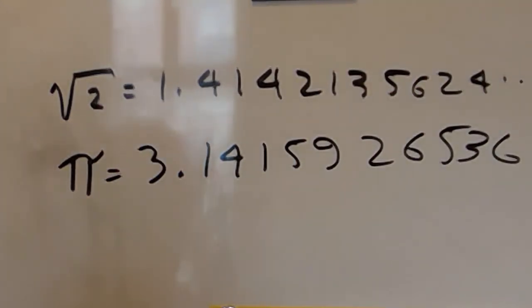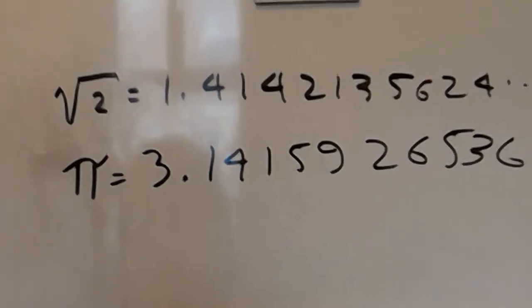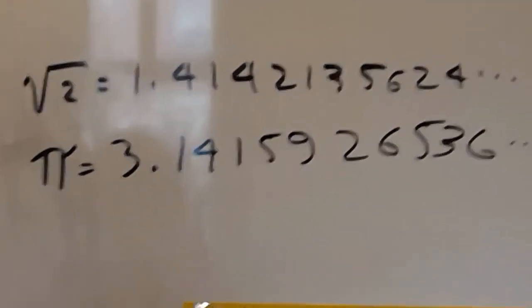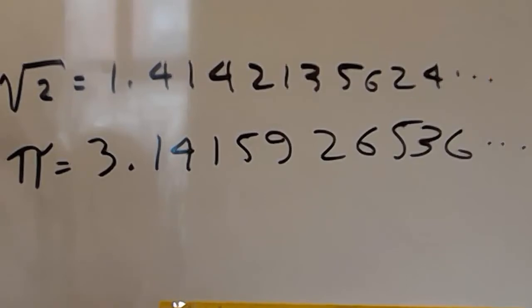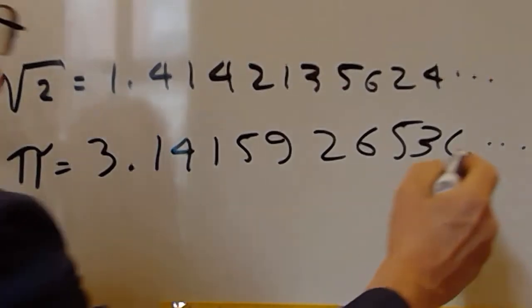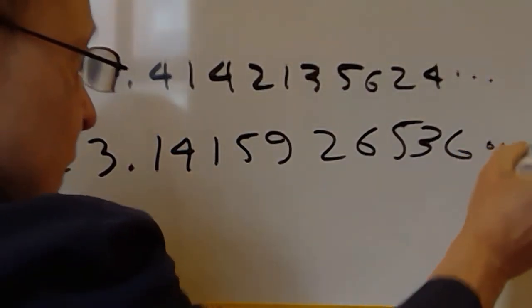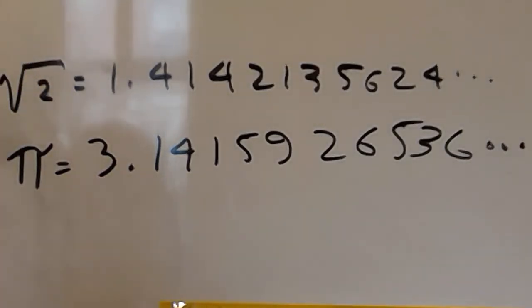Many mathematicians have tried for years and centuries to see if there is a pattern here, and have brought it out to the millionth decimal places and on and on, and still no one has found a pattern, nor has found that it terminates.